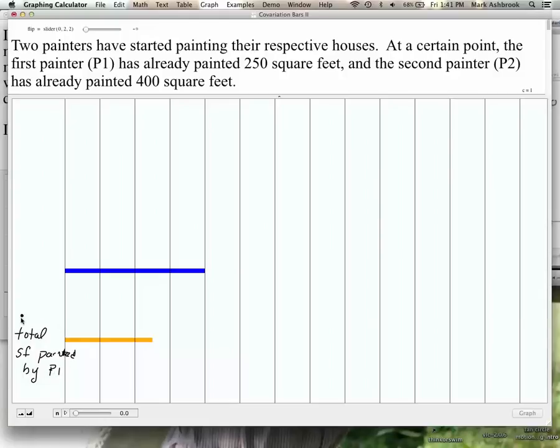And we're going to call that X. That variable X will take on the values of the total amount painted by painter 1. Therefore, the blue, the upper bar is total square feet painted by P2.